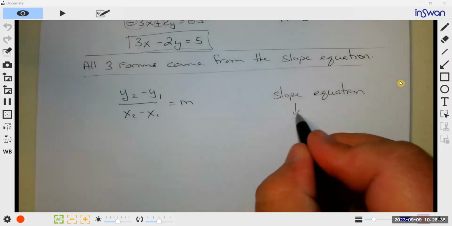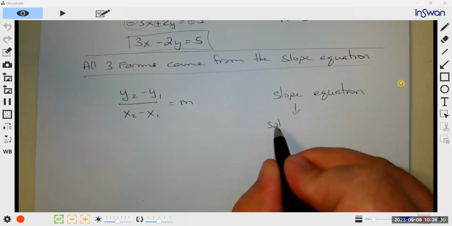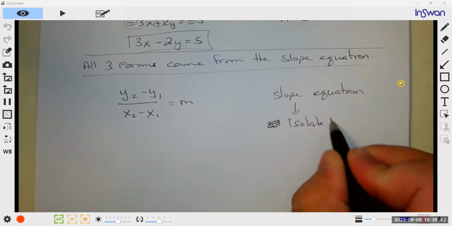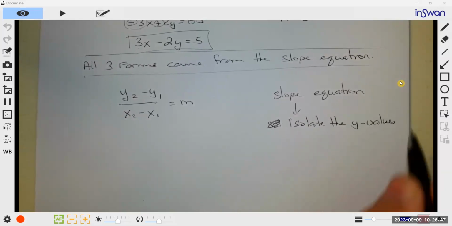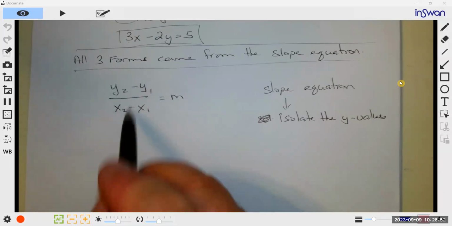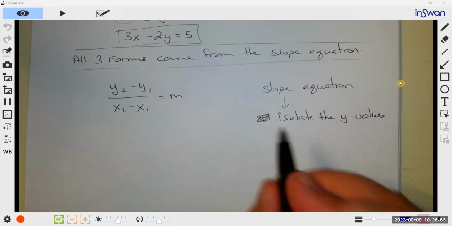So the first thing we want to do is isolate the y values. Also, whenever you have fractions, you want to get rid of the fractions first.